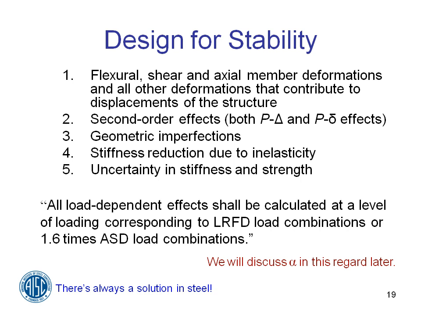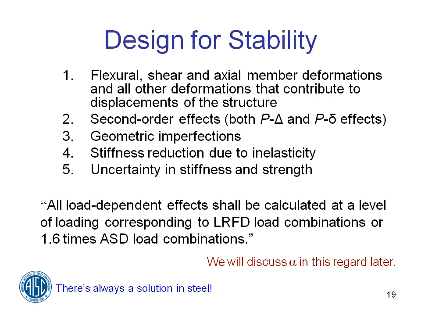And then there's a concluding sentence: all load-dependent effects shall be calculated at a level of loading corresponding to LRFD load combinations, or 1.6 times the ASD load combinations. We're going to talk about that 1.6 later, and it's given as a variable alpha, so keep that in mind.